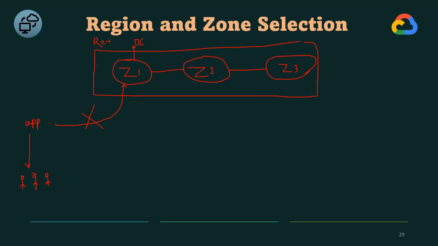Usually we go with a disaster recovery plan. So can I deploy the same application here also? Yes. I am deploying my application in two zones. Whenever you deploy your application in multiple zones, your application is also running in zone 1 and zone 2.